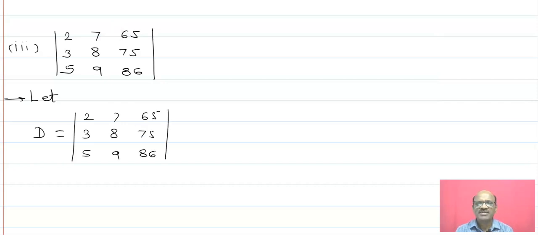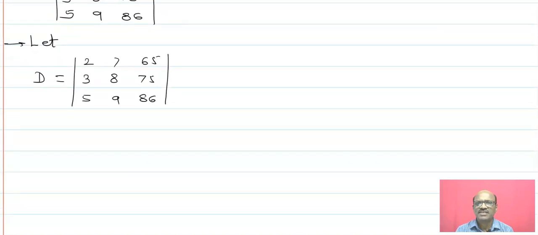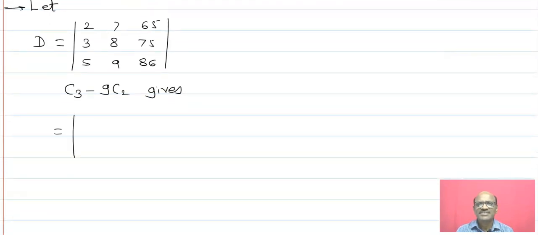Now the next determinant, that is 2, 7, 65, 3, 8, 75, 5, 9, 86. Now see this, that is C3 minus 9 times C2 gives. Now you will say that, sir, how this comes?